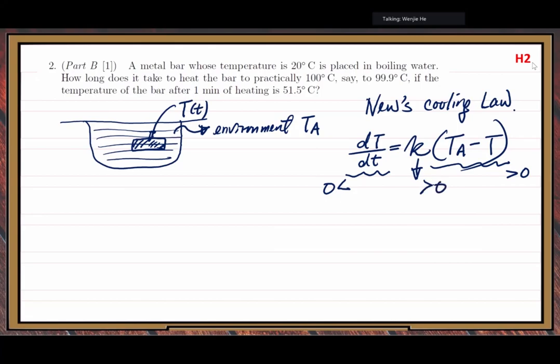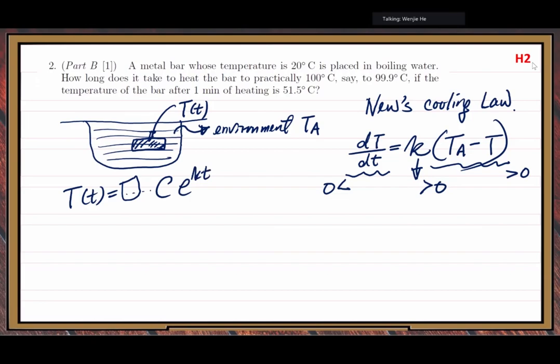So then you solve this equation for T. That's pretty easy. When you solve this equation, I do not write the complete formula right here, but there is a constant C part, one term here, and e to the kt.